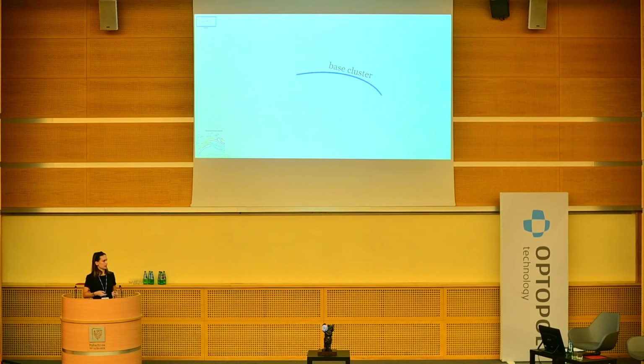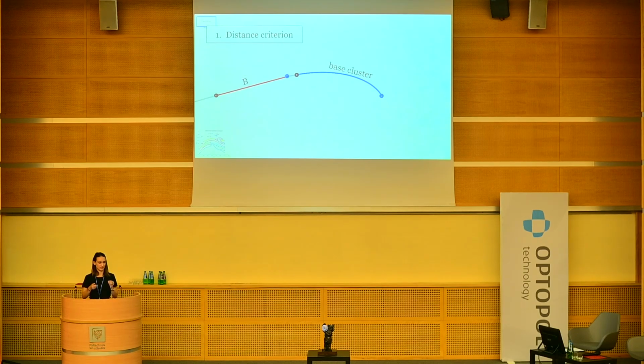Let's take a look at the base cluster. The base cluster has its minimum and maximum vertical points, and to concatenate the base cluster with the other clusters, two main criteria need to be introduced. The first one, quite intuitive, is the distance criterion that would concatenate the B cluster with the base cluster.